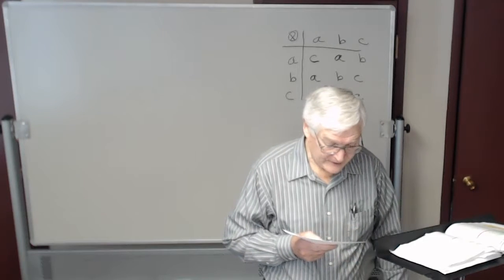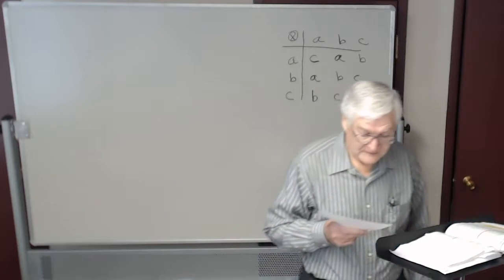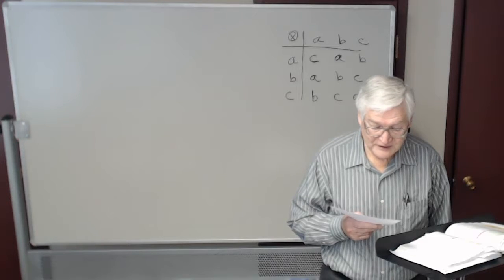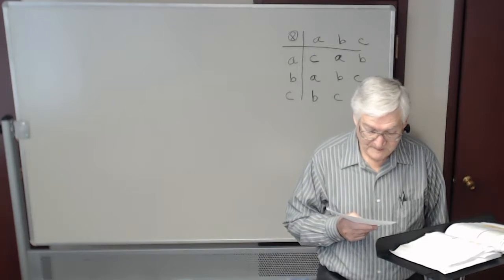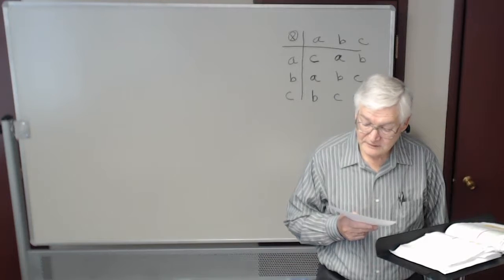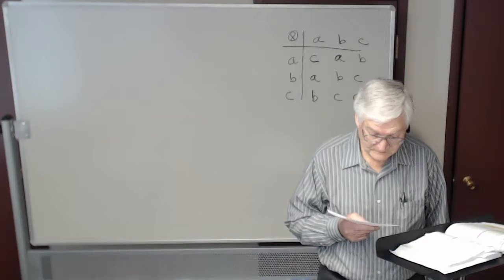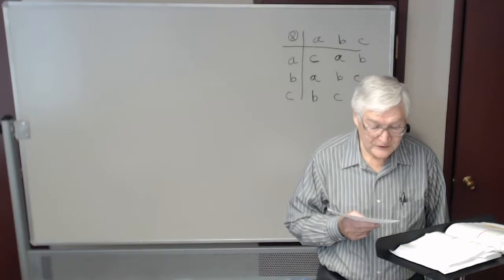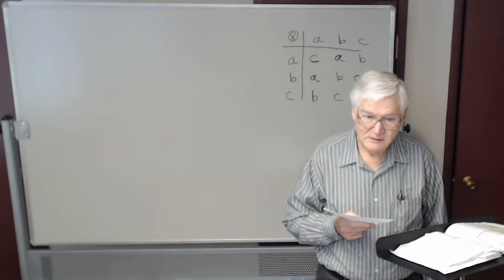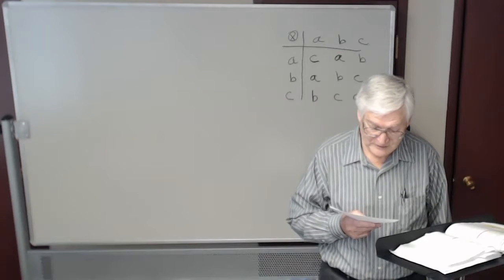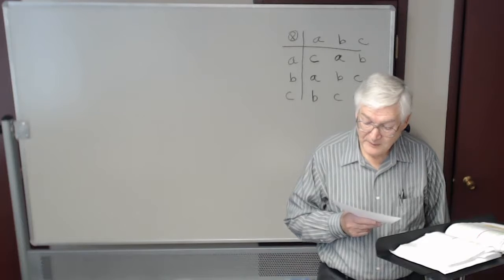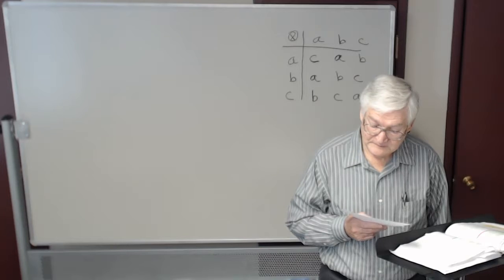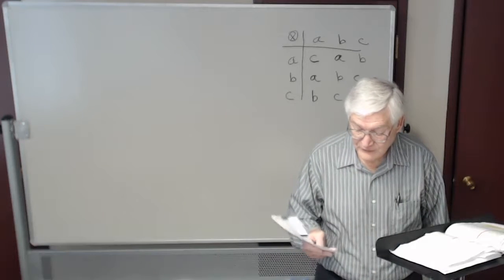If you want to turn back to page 636 and write down what associative means and what commutative means, if you didn't know it already. And then on page 637, you need to write down what identity means, if you don't already know it.